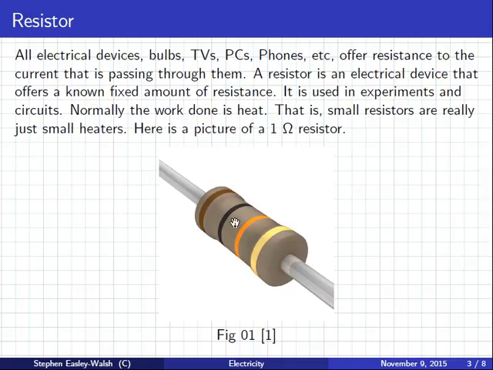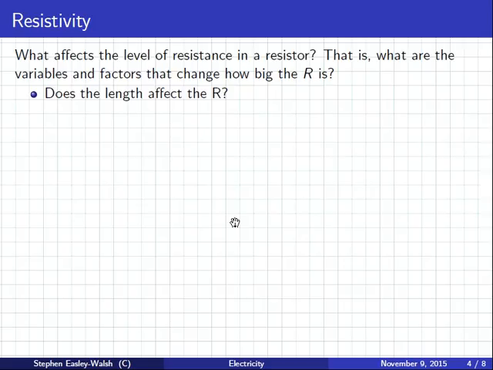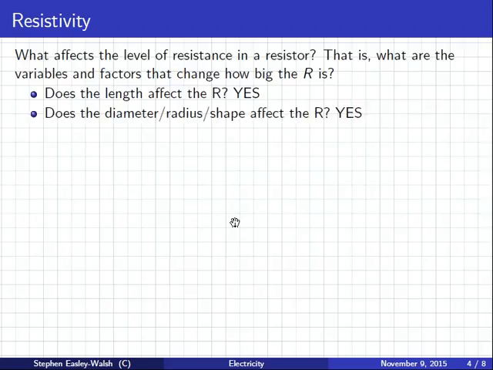Make it longer. Make it thinner. Change the material. Make the diameter smaller. Does the length affect it? The longer, yes. The radius? Yes. The type of material, as you said?